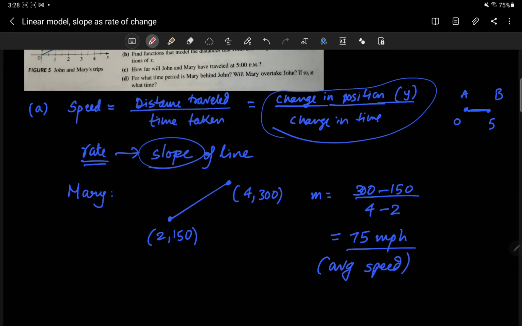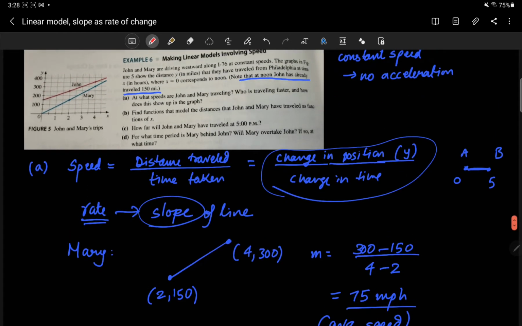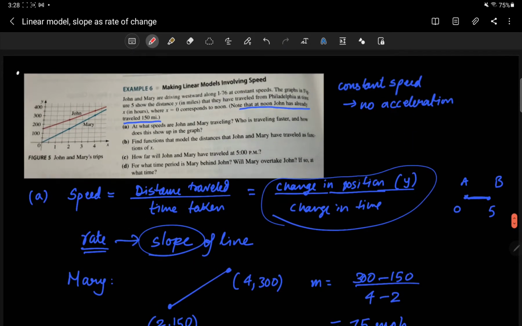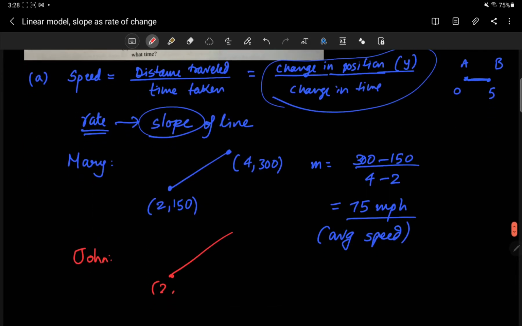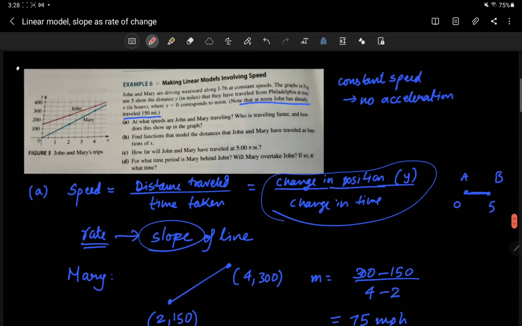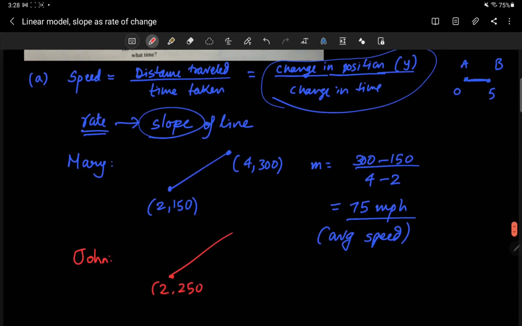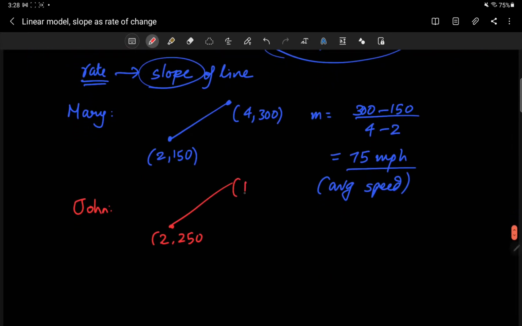What about John? For John, let's say at 2 it's about 250. The reason it's more is because, remember, at 0 John is already at 150, and at 4 John is at 350.